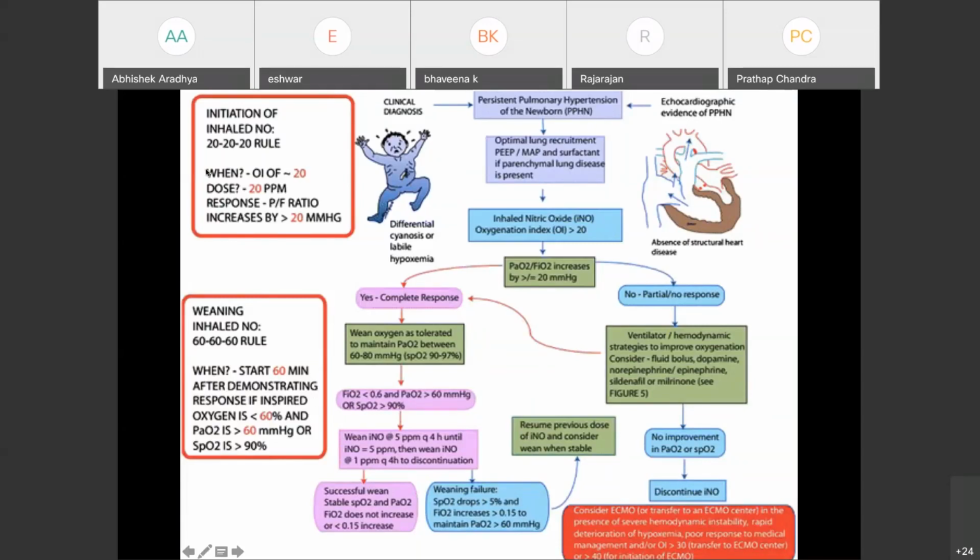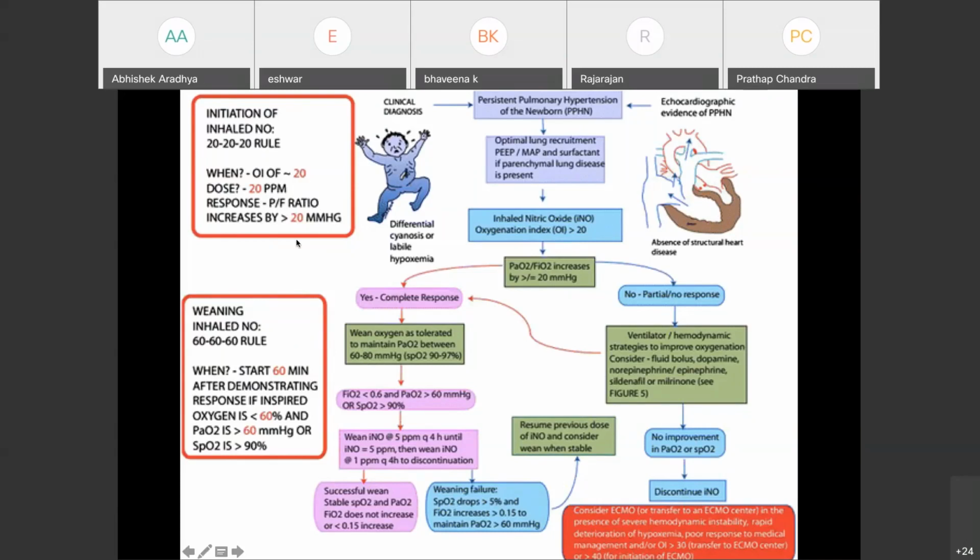Whenever you start initiation of your inhaled nitric oxide, we apply a 20-20-20 rule, where you start nitric oxide when oxygenation index is 20 or above. You use a dosage of 20 parts per million, and the response is suggested by an increase in the partial pressure by 20 mmHg. So this is the 20-20-20 rule in terms of initiation of the nitric oxide.